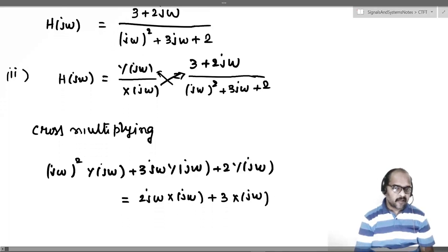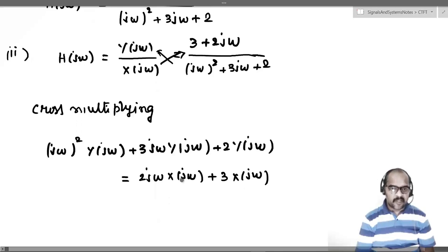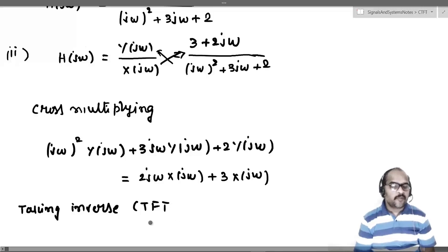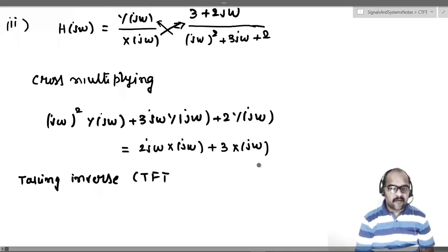Now we take the inverse Fourier transform. Which property do we have to use here? Again, differentiation in the time domain. Which signal has j omega whole square Y of j omega?